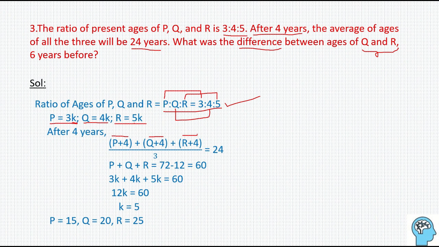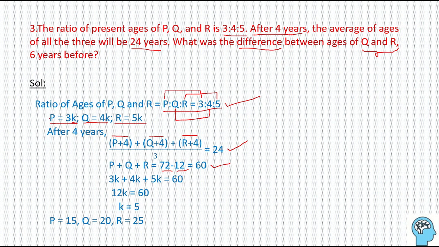Now after 4 years he's saying the average will be 24, so divide by 3 and that is equal to 24. That is the given data. After solving this equation, you are going to get P plus Q plus R is equal to 72 minus 12, that is 60.